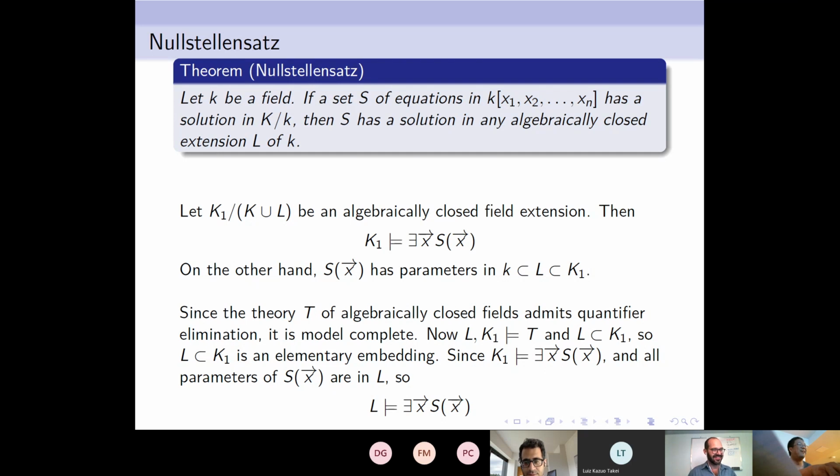You're right. Also, I found that book has some typos, so be careful. Yeah, but that's the book I'm referring to. It's Poizat.